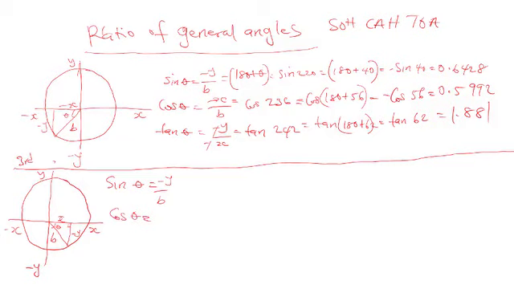The value of our cos theta here is adjacent, and our adjacent is x over hypotenuse b. So cos theta has a positive value. Then we go to tan theta. Tan theta is opposite, that is minus y, all over adjacent, and our adjacent here is x. So tan theta is negative at this point.